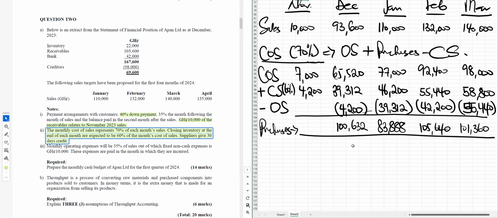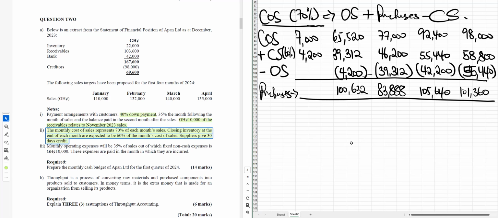But please, don't think that you have gotten the cash purchases. These purchases you have are not cash purchases. This is just purchases. We don't know how much is cash and how much is credit. So what we can do is try the creditor's account.